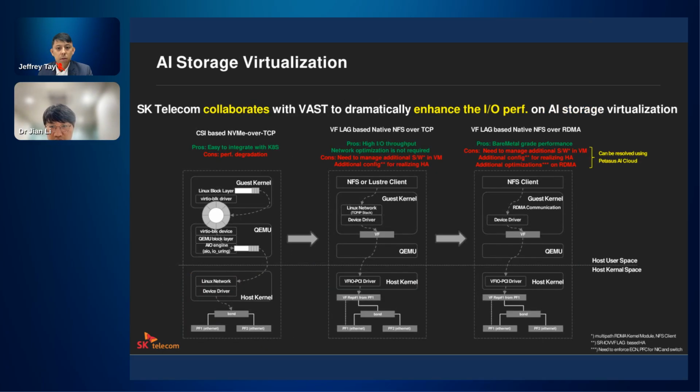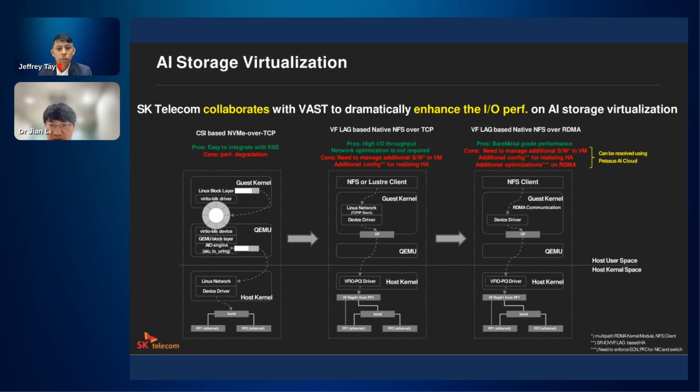AI storage is on the critical path for training and inference, so virtualization must avoid added latency and throughput loss. In collaboration with VAST Data, we virtualized the NFS-style storage and validated three production-ready configurations: a CSI-based NVMe over TCP path for VM workloads, a virtual function link aggregation, VF LAG-based native NFS over TCP, and VF LAG-based native NFS over RDMA.